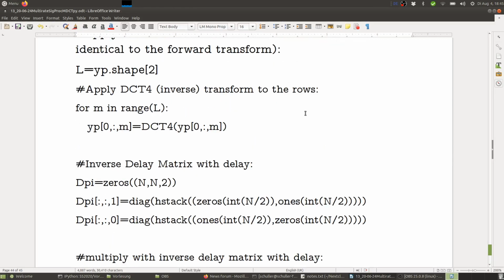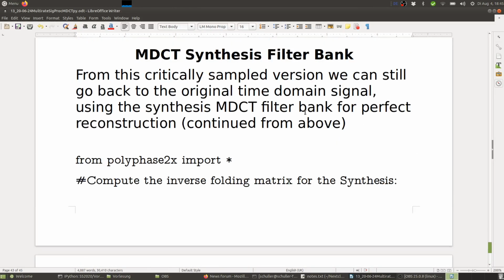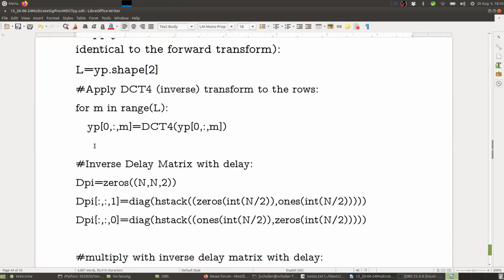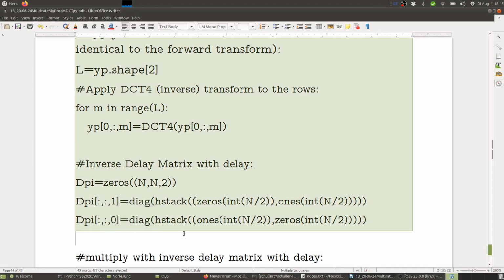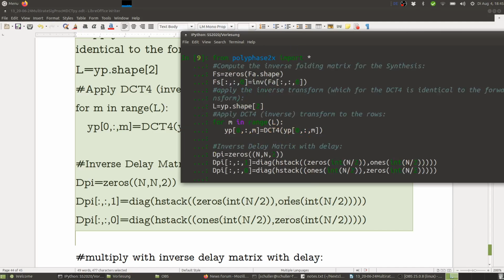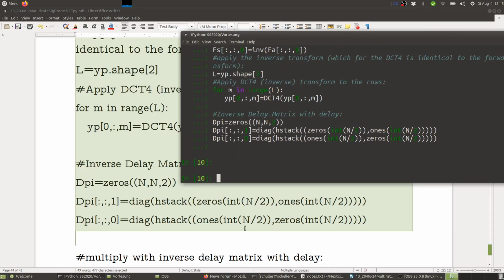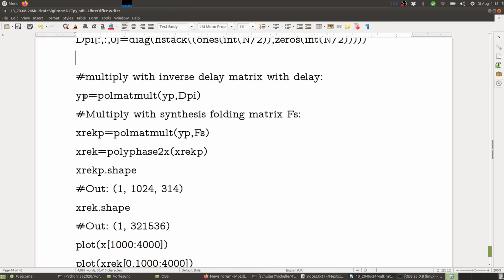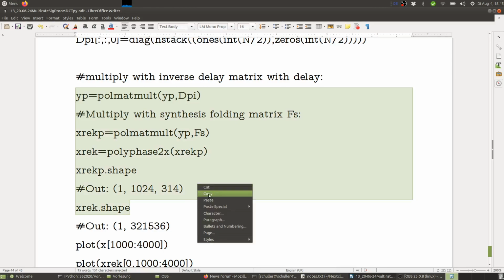So let me do that in Python. Taking all this, copy and paste. Then in the next step, we multiply it with the inverse delay matrix and reconstruct it.